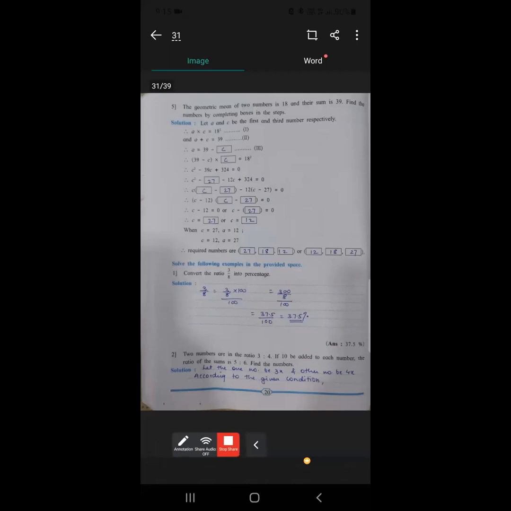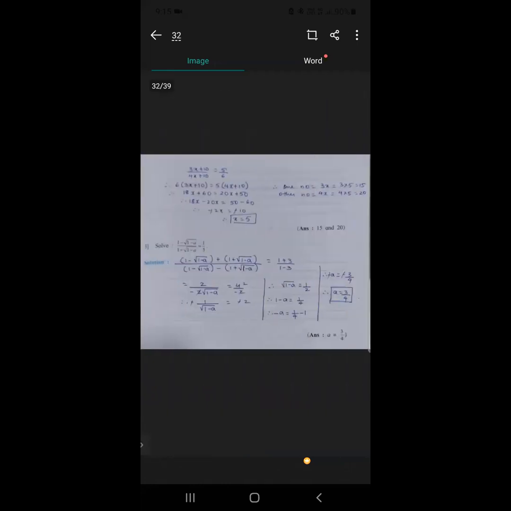So according to the given condition, what is the condition given? That 10 is added to both the numbers. It is added to 3x as well as to 4x. So here comes, see, 3x plus 10 upon 4x plus 10.